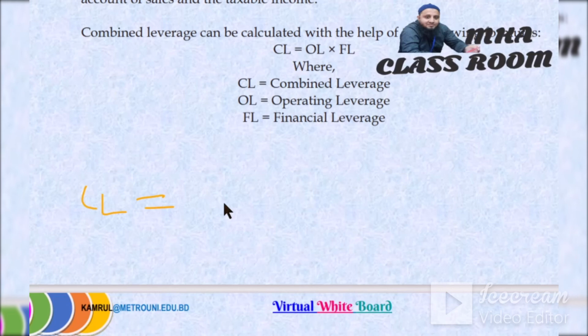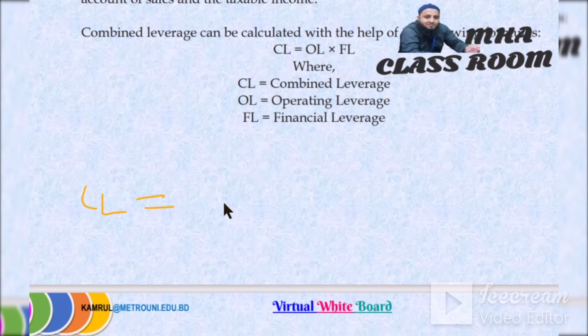So the percentage change in a firm's earnings per share resulting from a 1% change in sales is also called the firm's degree of operating leverage times its degree of financial leverage at a particular level of sales.